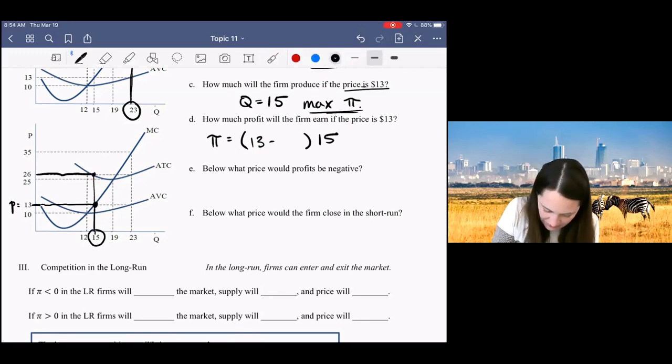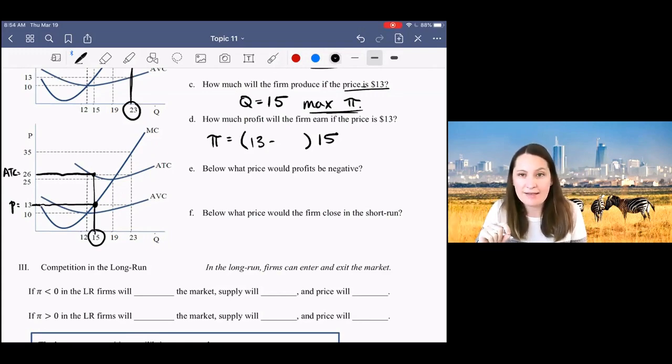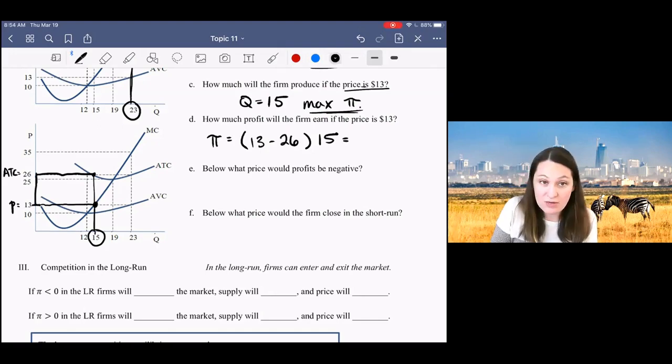Here, my average total cost is 26. That is just a coincidence that it's the same in both of these examples. It's not really a coincidence. It's just that these graphs are really hard to draw, and I try not to put too many lines on them. But again, it's not always going to be 26. You'll find that by coming up from your quantity to your average total cost curve.